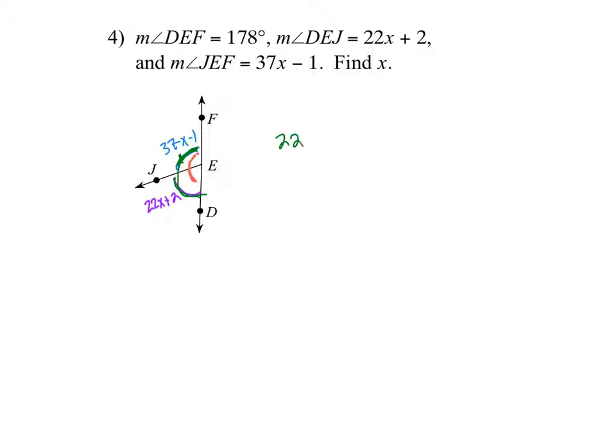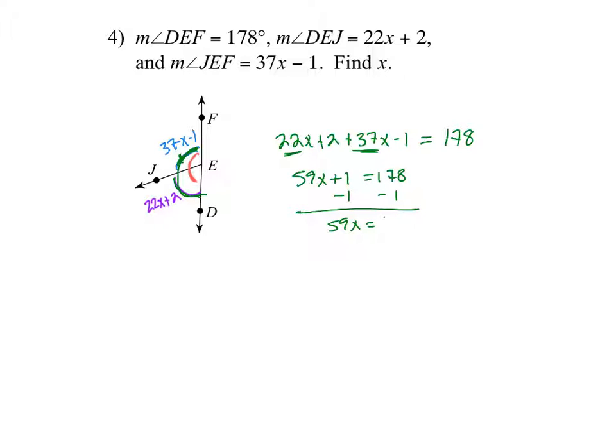So 22x plus 2 plus 37x minus 1 equals 178. Simplifying, this is 59x plus 1 equals 178. I subtract 1 on both sides, so 59x equals 177. Now I divide by 59, so x equals 3 degrees.